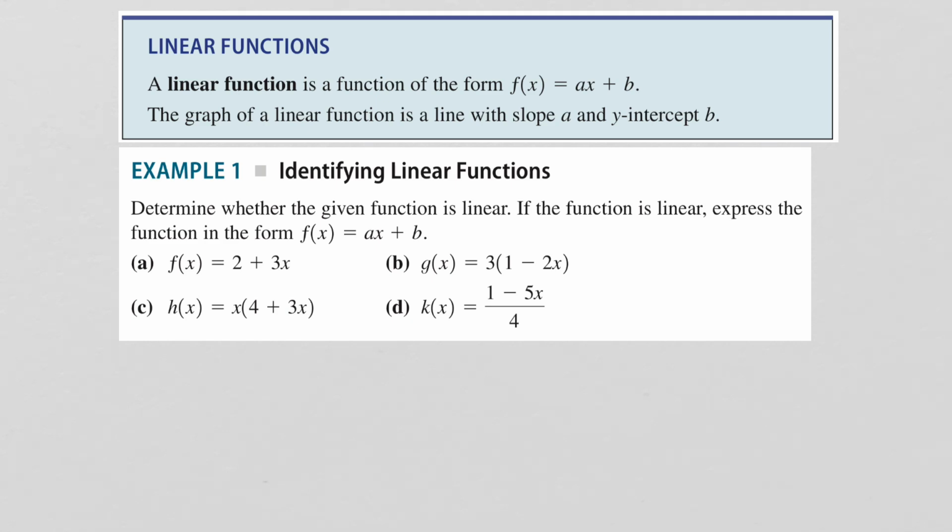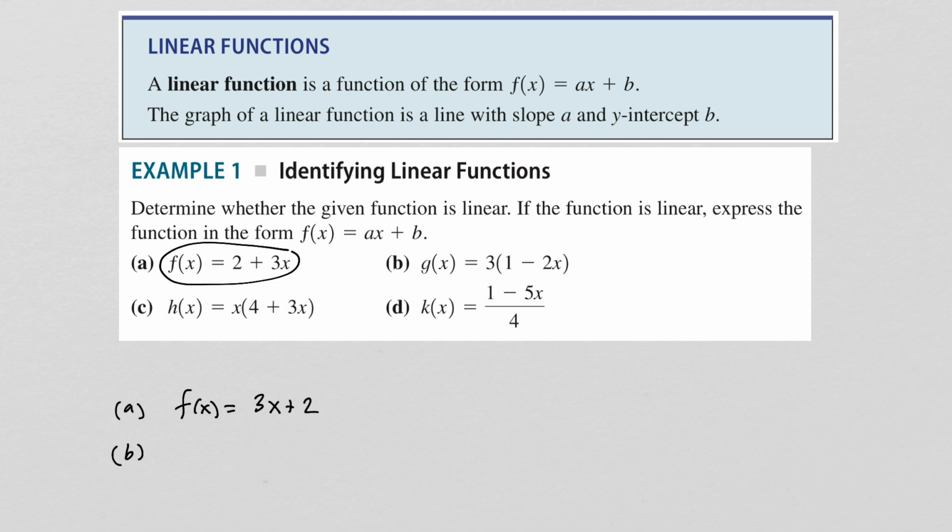So in our first example here, determine whether the given function is linear. If it is linear, express the function in the form f of x equals ax plus b. So this first one here obviously is linear. The only thing we need to do to express it in the same form is to just switch around the two terms and say that it's 3x plus 2.